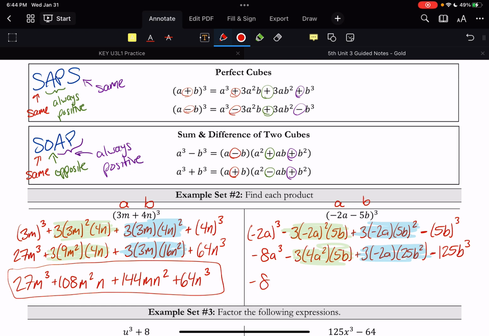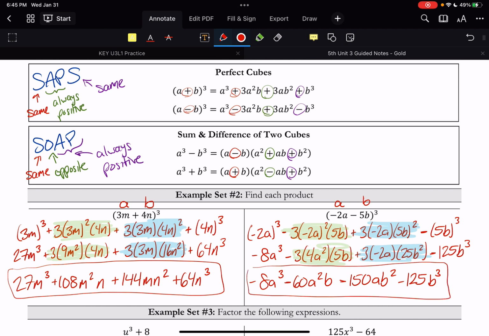So doing that, I get negative 8a cubed. And then multiplying all of this together, I get minus 60a squared b minus 150ab squared minus 125b cubed. And that is fully multiplied out.